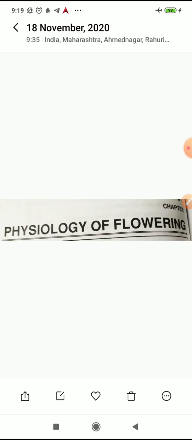Some more uses of photoperiodism. Winter varieties of rice flower earlier under short days, whereas summer varieties under short days should delay flowering and prevent earliness due to high temperature treatment.